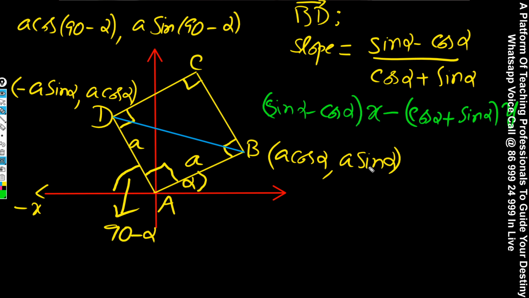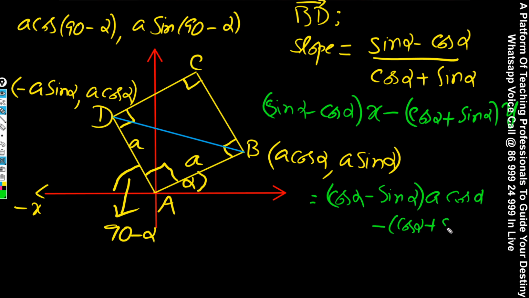It is equal to cos alpha minus sin alpha into, substituting this point, A cos alpha, minus of cos alpha plus sin alpha into A sin alpha.